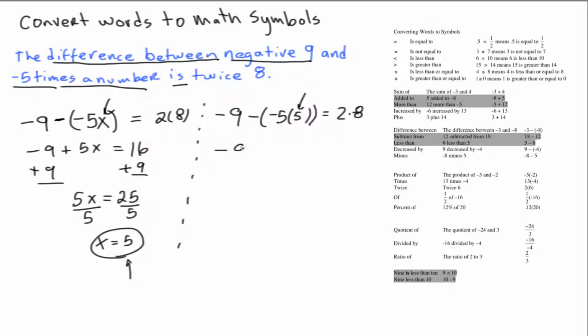So we got negative 9, and then negative 5 times 5 is negative 25, times another negative is going to be plus 25, equals 2 times 8 is 16. Negative 9 plus 25, well, that'll give me 16, equals 16.